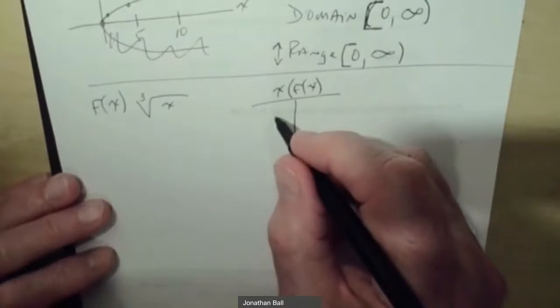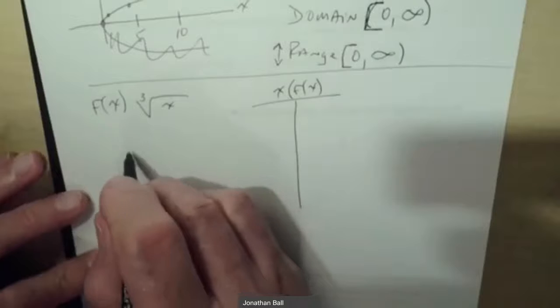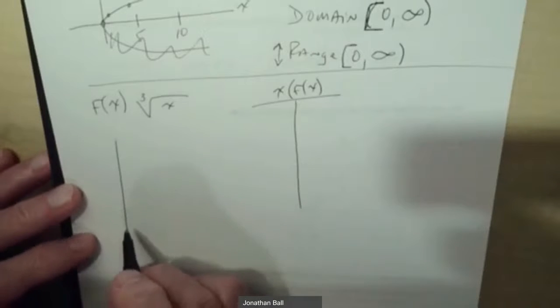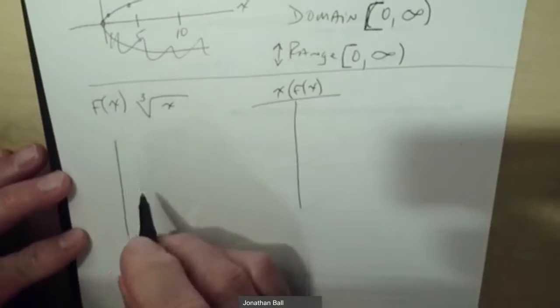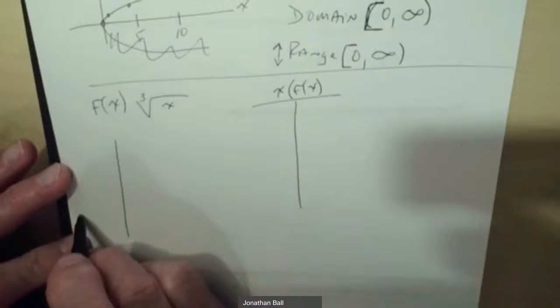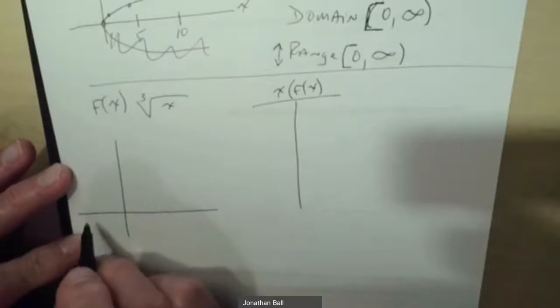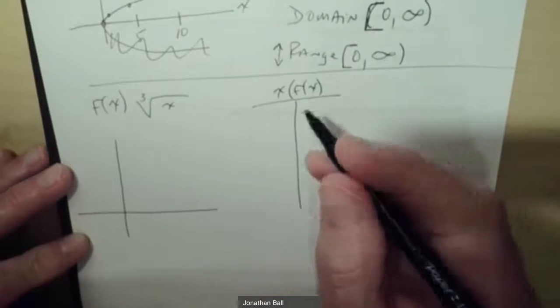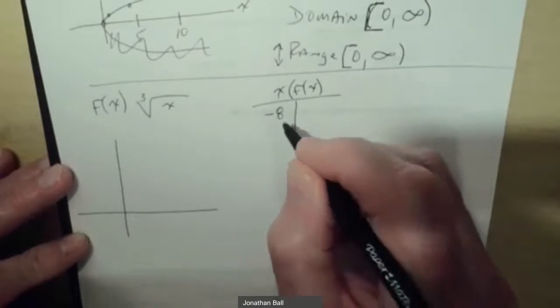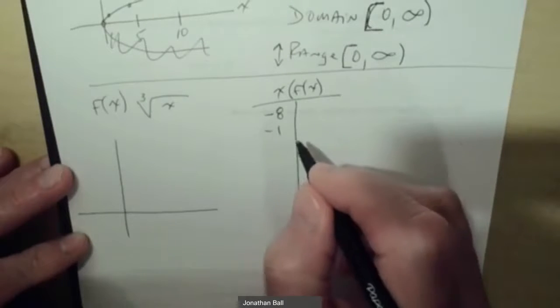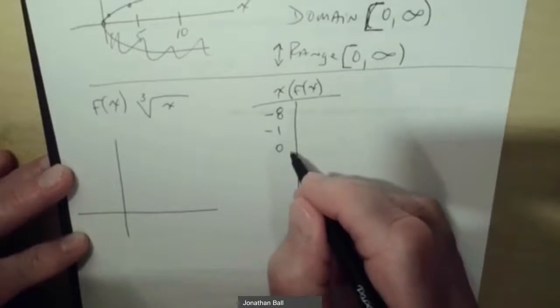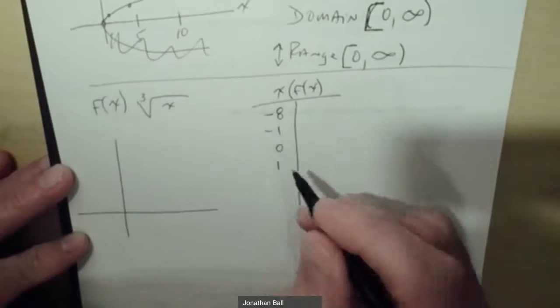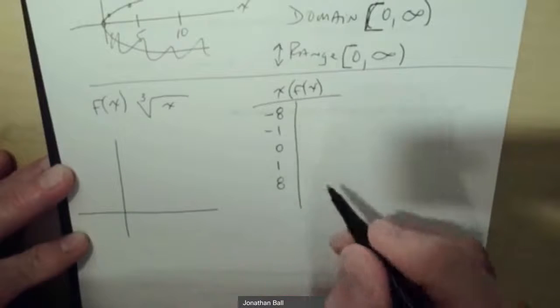Okay, we don't want to start at 0 here. We want to go to the left also. -8, -1, 0, +1, and 8.